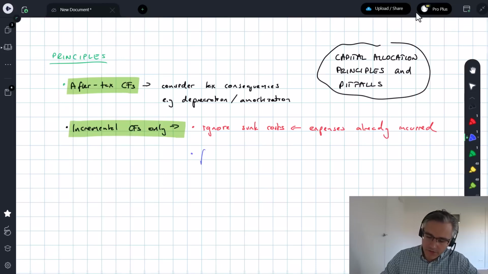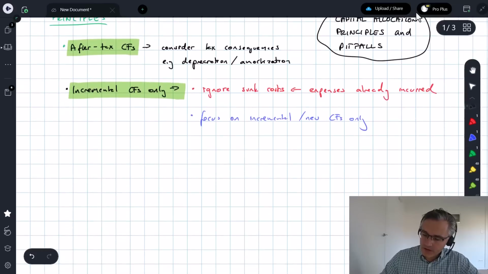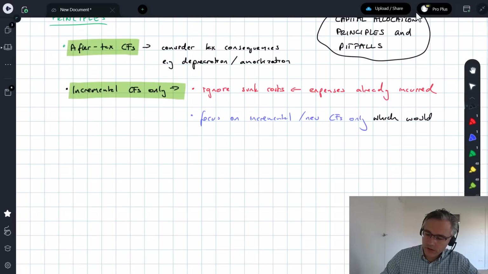We should only focus on those incremental and, let's say, new cash flows only, good or bad, so those which would not occur without the decision to invest, without the investment.